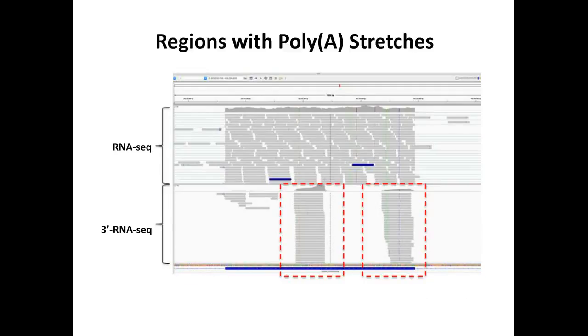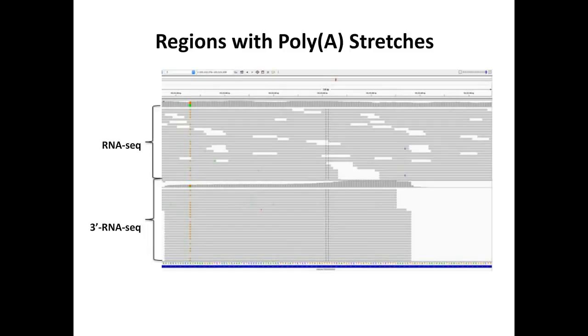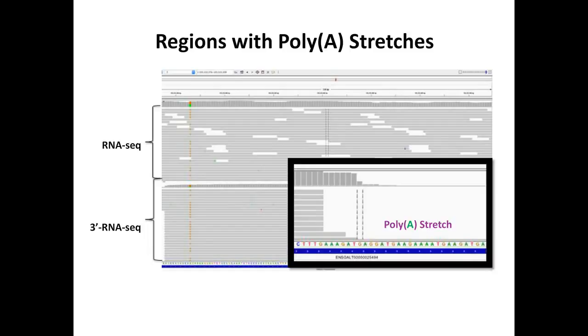You can see two regions here, and after zooming in, we saw a stretch of poly-A. You can see here we have an A, and also 4 A's here and 2 A's here, and there are more A's here.